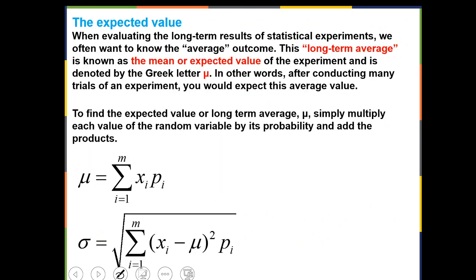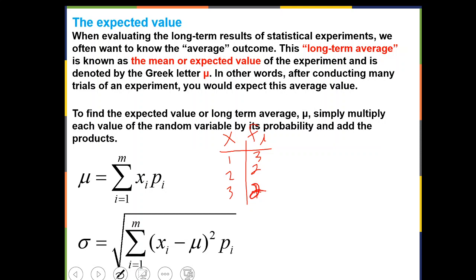The formula for it is not a surprise, because remember, if we have x and fi, the frequencies, let's say we have 1, 2, 3, and frequencies 3, 2, and 2. That means we have 3 ones, 2 twos, and 2 threes.